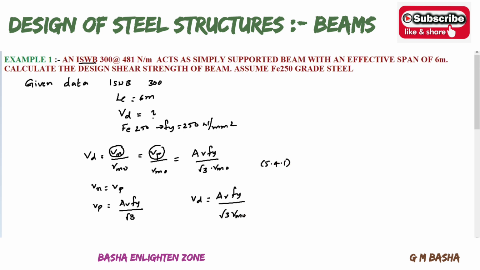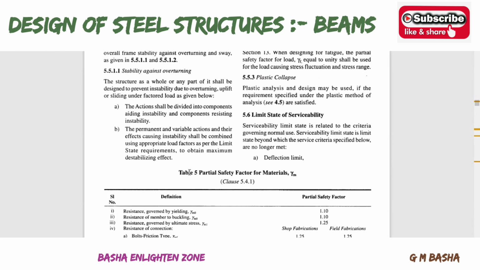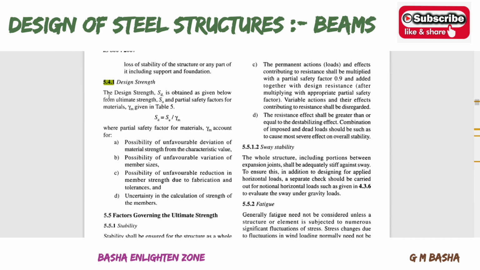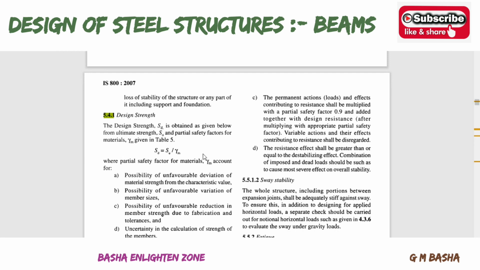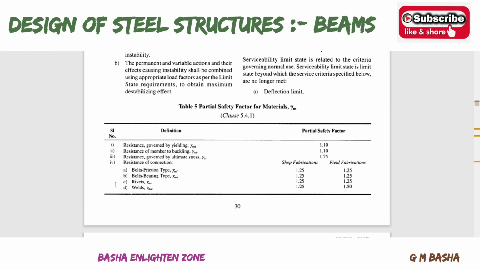I will go to that page directly. See here, this is 5.4.1, design strength. For that there is one table for finding the partial safety factor. Resistance governed by yielding, resistance of member to buckling: the partial safety factor is 1.10.